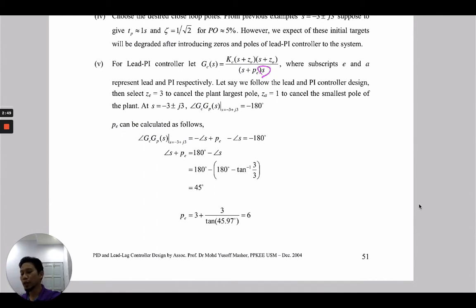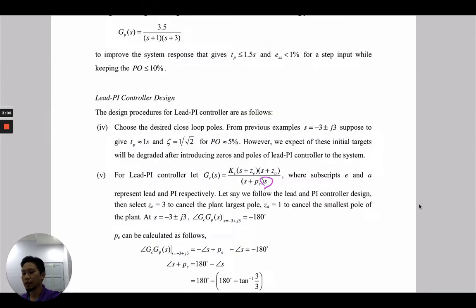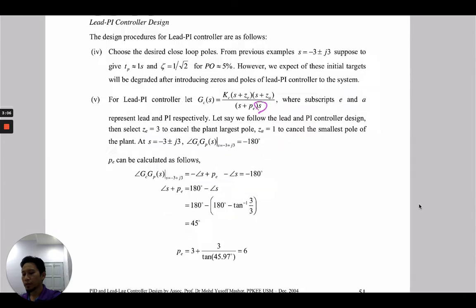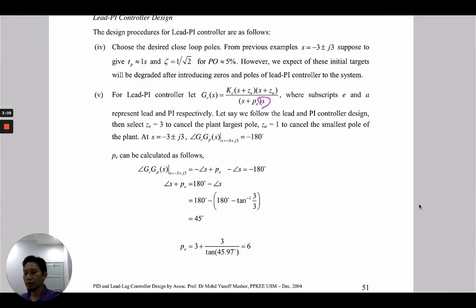In this case, we have the angle of s plus pe minus the angle of s equals negative 180 degrees, because we designed the controller to cancel out the s plus 1 and s plus 3. Using the formula, we get the angle of pe at 45 degrees, and from the angle we get the pe location, which is at 6.